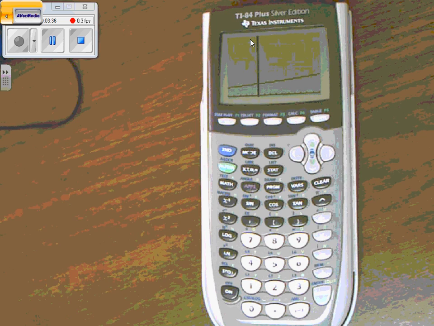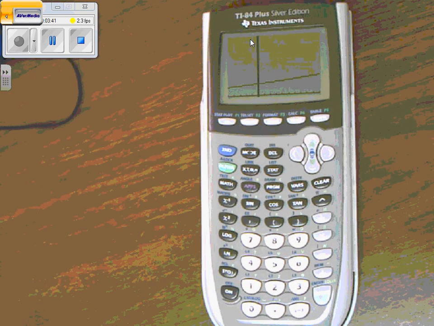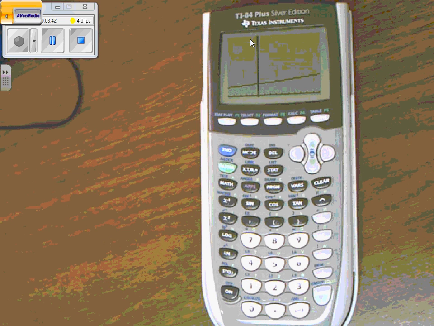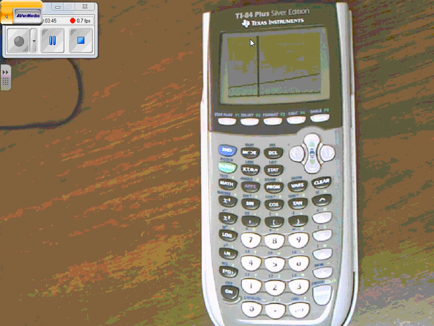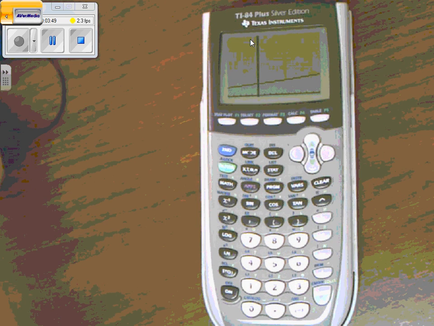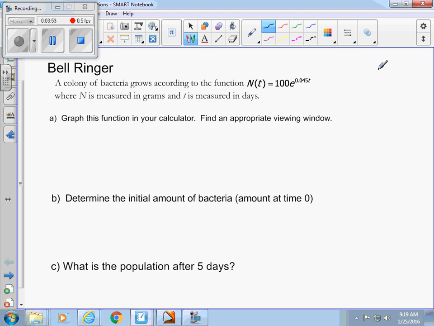From 0 to 10, 500 was plenty big. Does everyone agree with that? It's growing, but not too terribly fast, because the number beside the t was 0.045, which kept it slower growth. We'll look at what that does today. But do I see what I feel like I need to see?